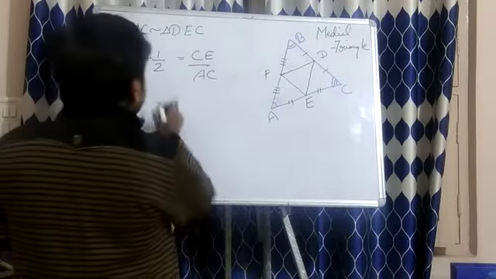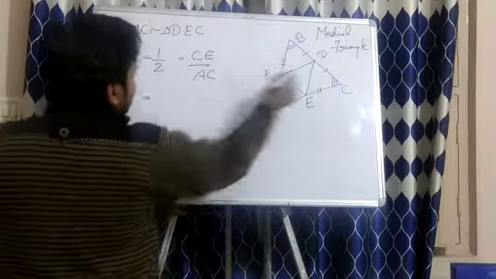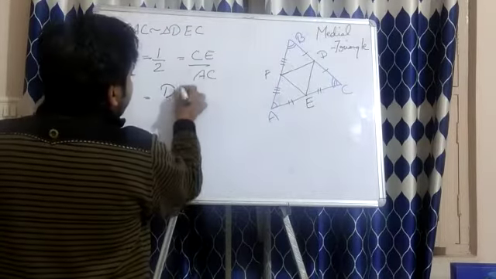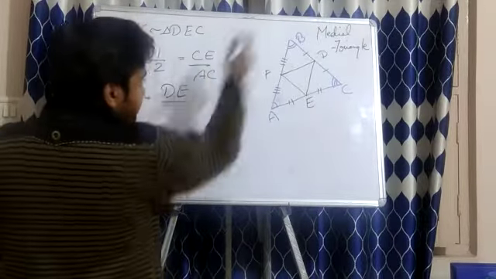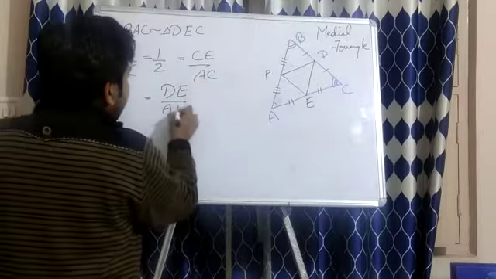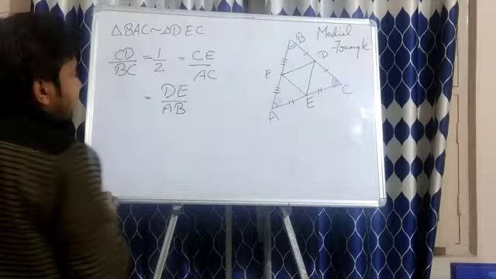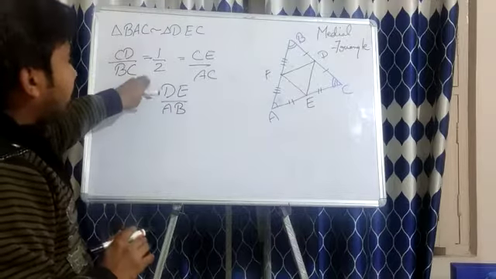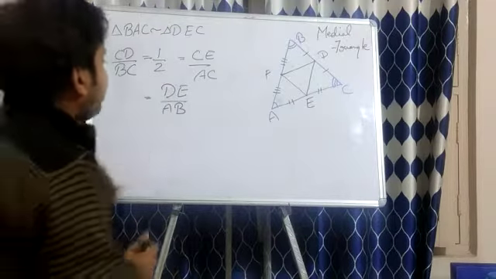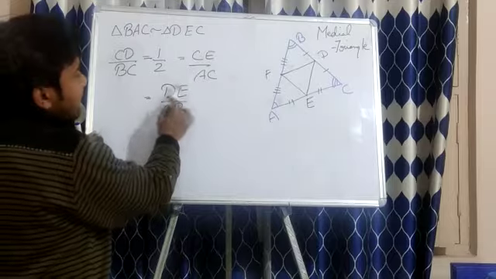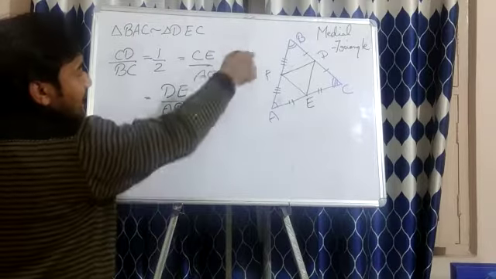Therefore DE upon AB must be equal to half. DB upon AB is also half. Therefore we can say that DE is nothing but half of AB.